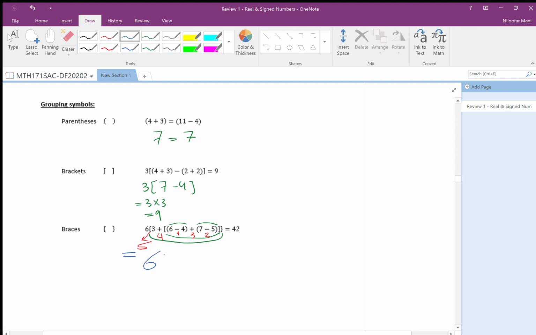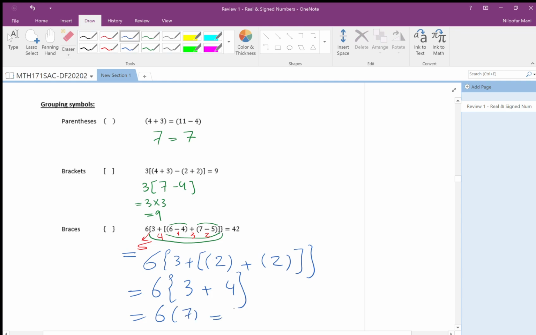So 6 times 3 plus, parenthesis, 2 plus 2. I do this and I do this, equals 6 times 3 plus 4. Which is 6 times 7, sorry, 6 times 7, which is 42.